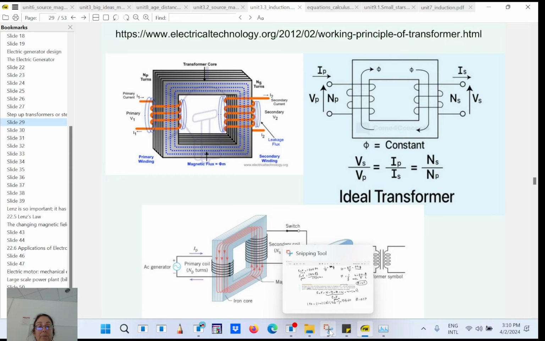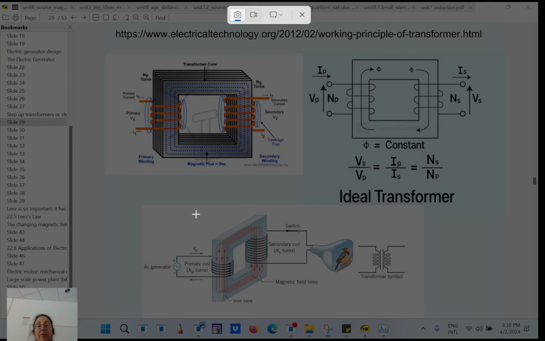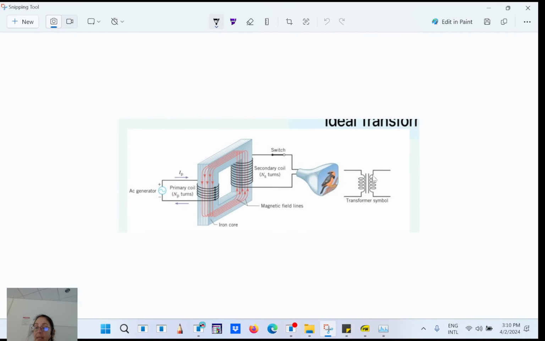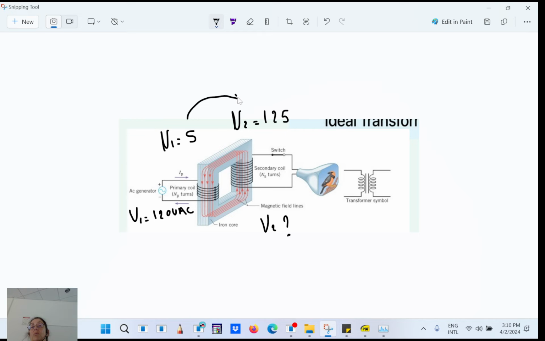So let's take an example. Because the number of field lines poking through the area is going to change with time. So let's say here the number of loops is 5. On that side, the number of loops is 125. Let's say the voltage here, of course, is 120 volt AC. What's going to be V2? You go from 5 loops to 125 loops, right?